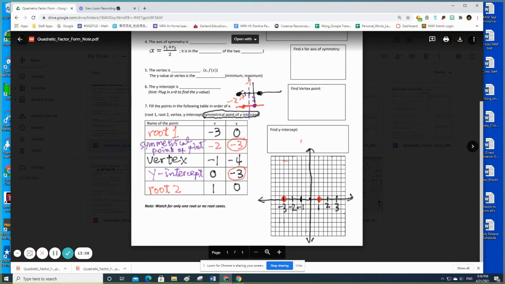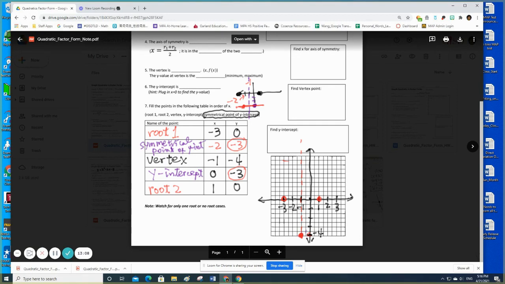This is my axis at x equal to negative 1. I have a y-intercept point. I need to mark this one, negative 1, negative 2, negative 3, negative 4. This is negative 4, right here. This is our vertex point.